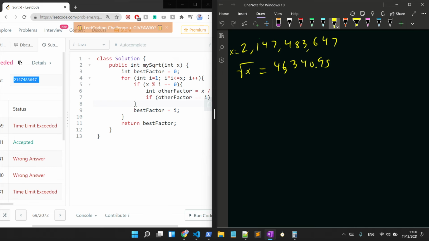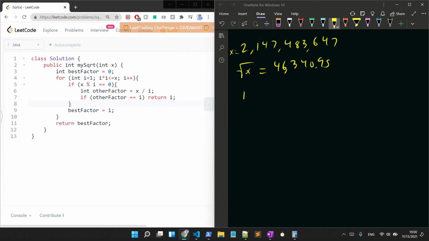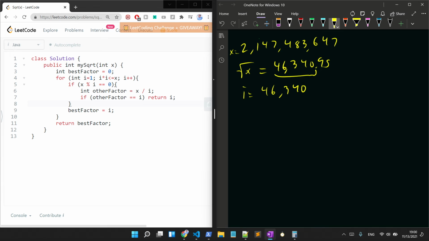So when we're running through our loop, we'll get up to the point where i equals this number minus the decimal, and that's all fine and dandy. i times i becomes just under integer max, which is a valid integer. It's not going to overflow. The problem is, because of this 0.95, this number is not the exact square root of this.